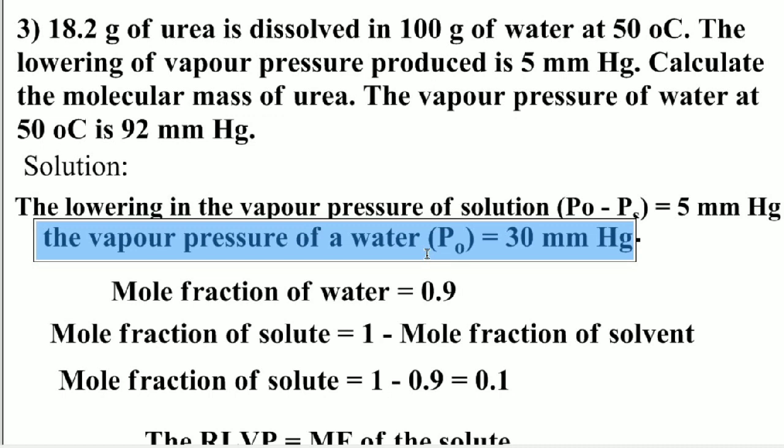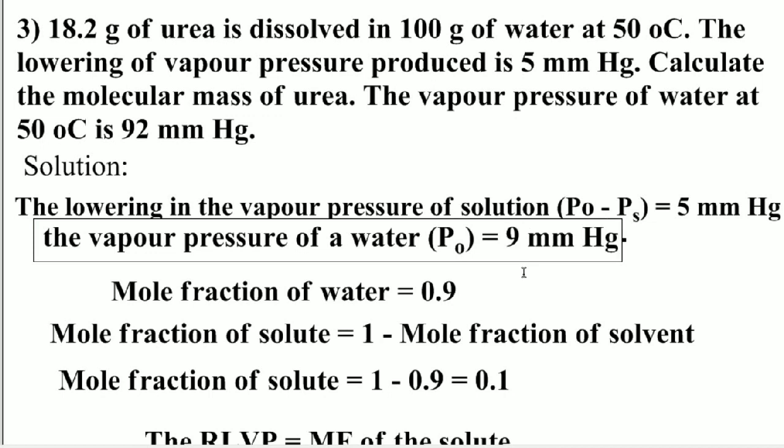And the vapor pressure of the water, P naught, is given as 92 mmHg.